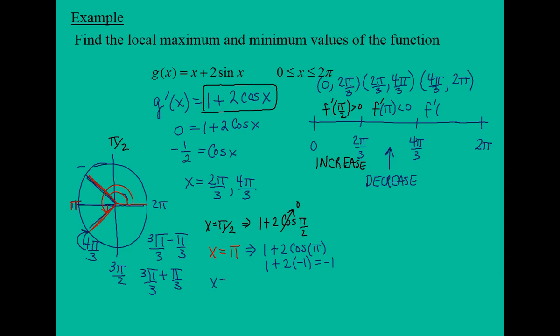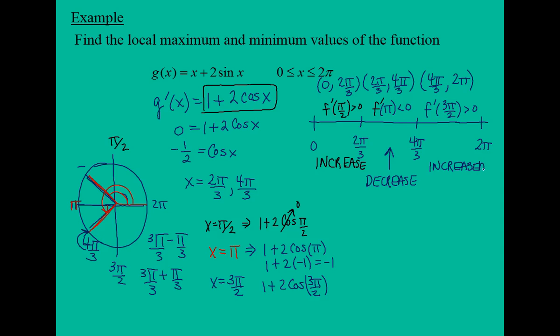So if x equals 3 pi by 2, we'd have 1 plus 2 times cosine of 3 pi divided by 2. And we know the cosine of 3 pi by 2 is 0. So again, we get positive 1. So this would be a positive value. So we are increasing on this interval.